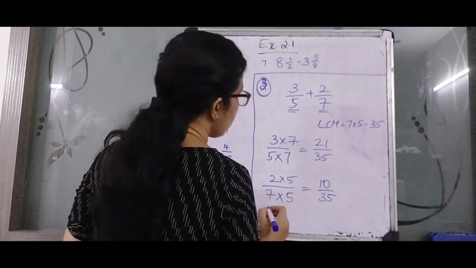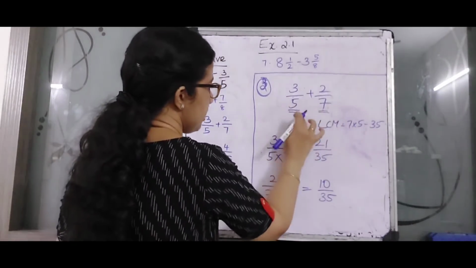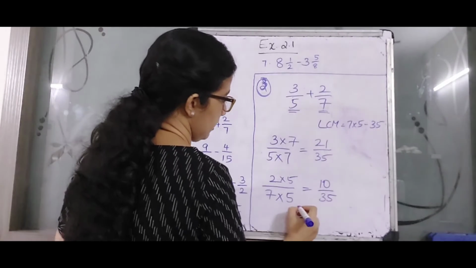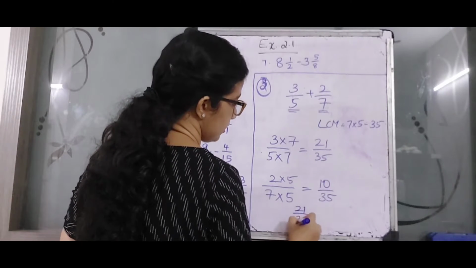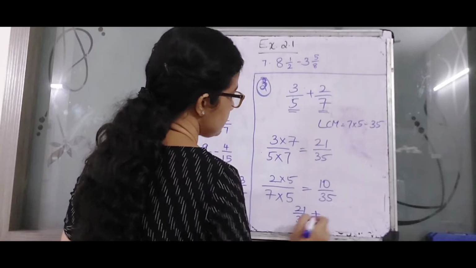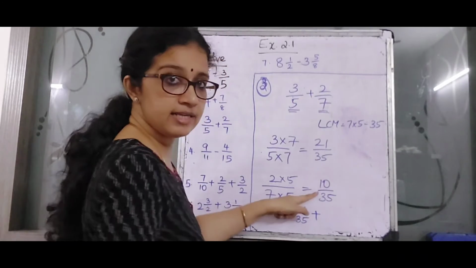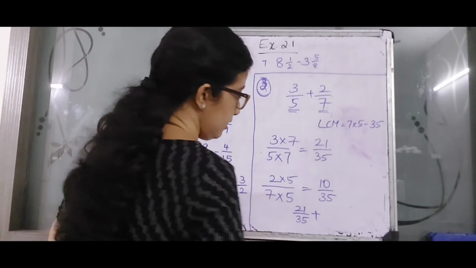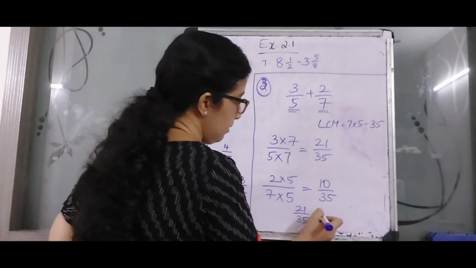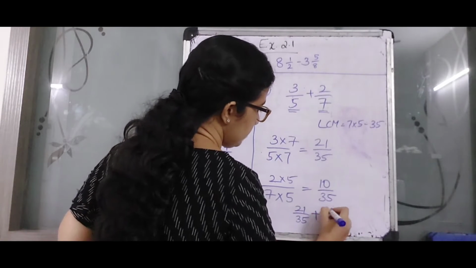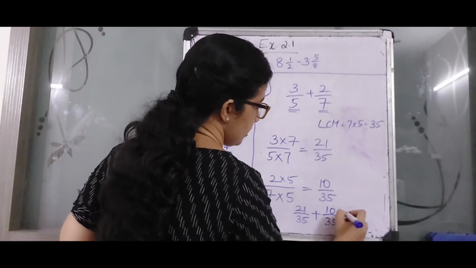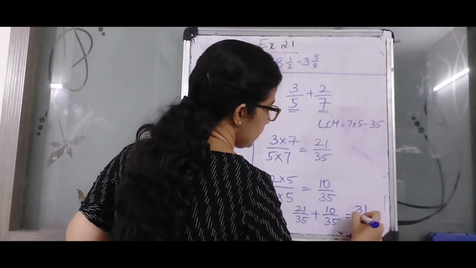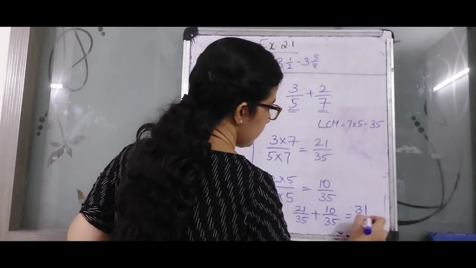Now, how can we rewrite this? 3 by 5 is 21 by 35, and 2 by 7 can be written as 10 by 35. So 21 by 35 plus 10 by 35 is equal to 31 by 35.